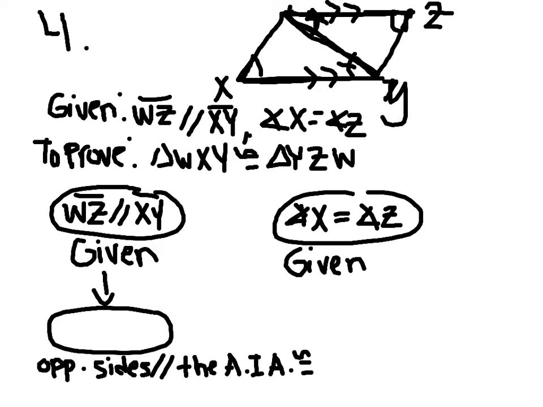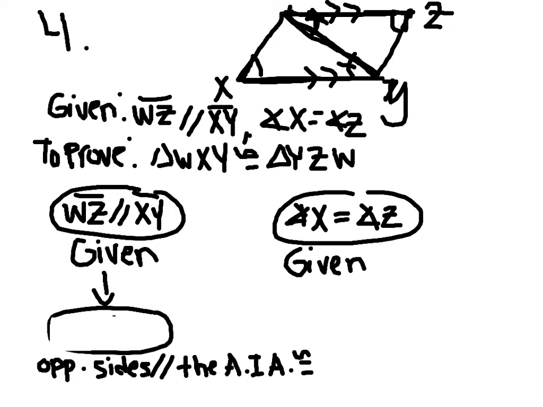Now you really should be using 3 letters. In fact, I will mark it off if I don't see that. So what I would say here is that you want to do angle XWY is congruent to angle Z. No, wait. Oh, Mrs. Watson just did that one wrong there. Sorry, guys.